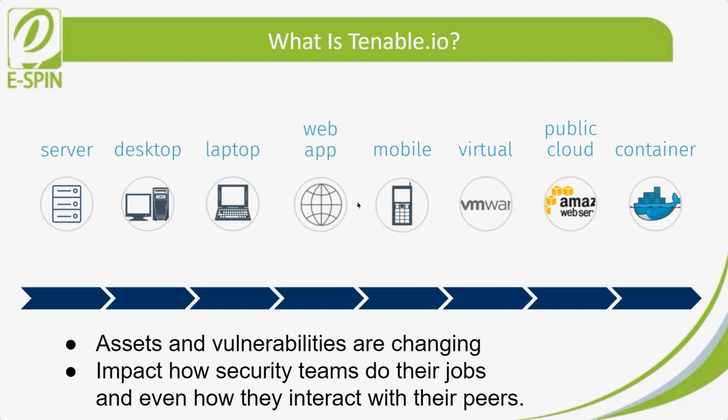As technology developed and organizations expanded, the use of cloud, mobile, and DevOps increased. So the fundamental concept of an asset has changed. Assets like laptops, mobile devices, and virtual machines may have many IP addresses, while other assets like web applications and containers may not even have an IP address. This will impact how security teams do their job and even how they interact with their peers.